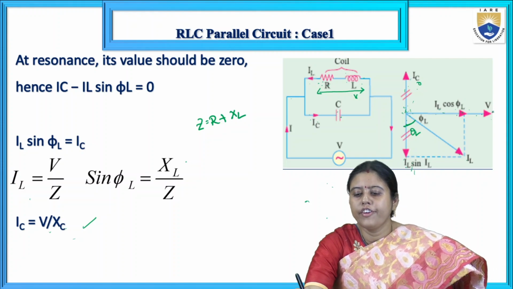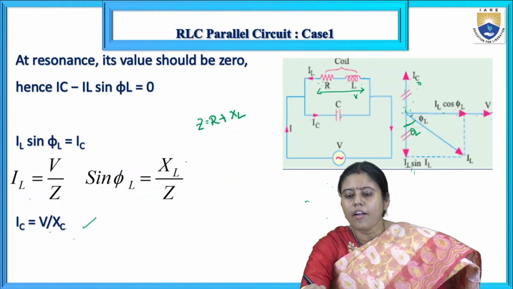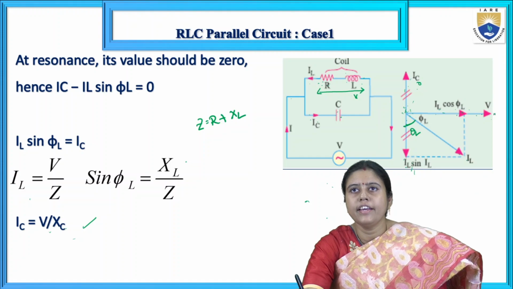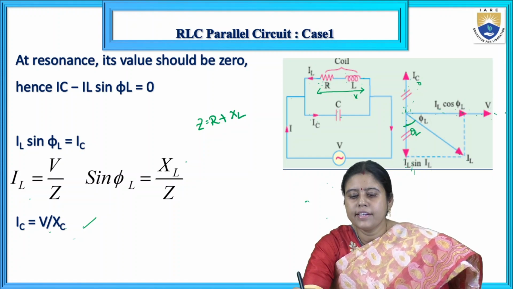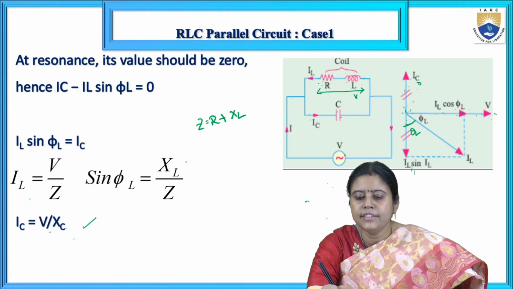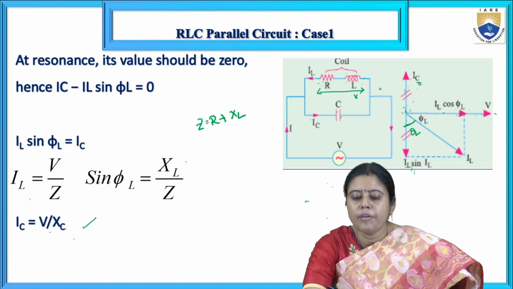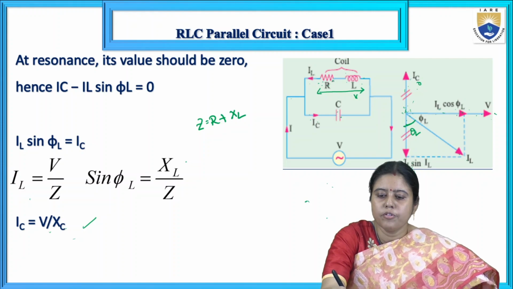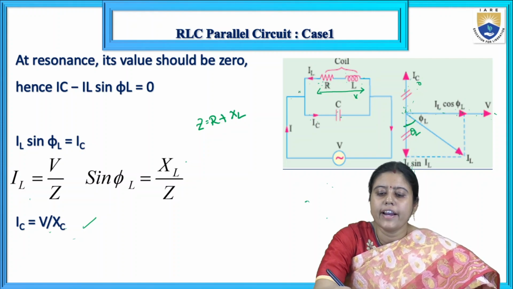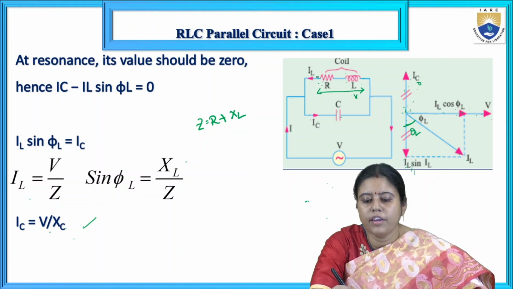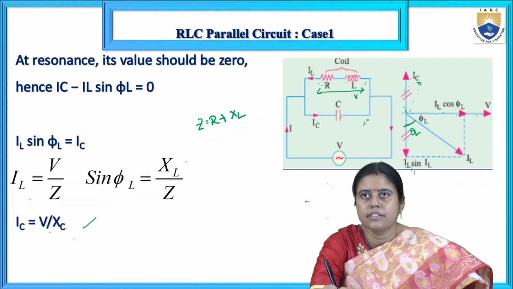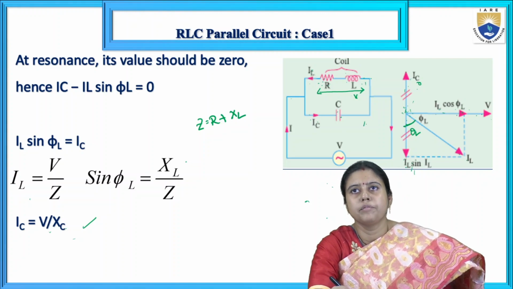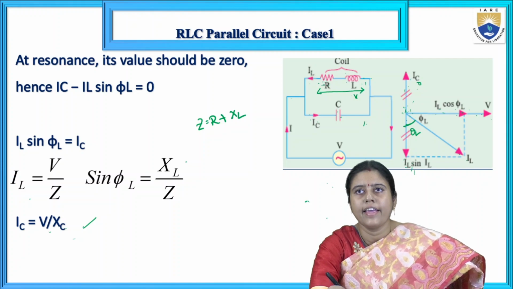We are taking V as the voltage in the basic circuit. What is the voltage drop across this portion? The voltage is V also, as this is a parallel circuit. The voltage drop is V and the total current is IL.